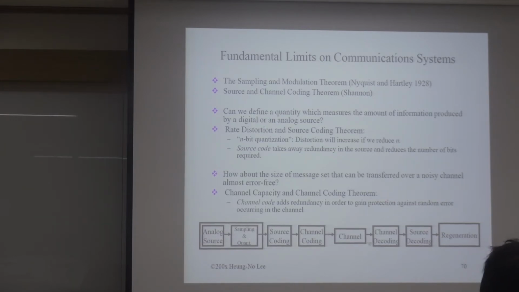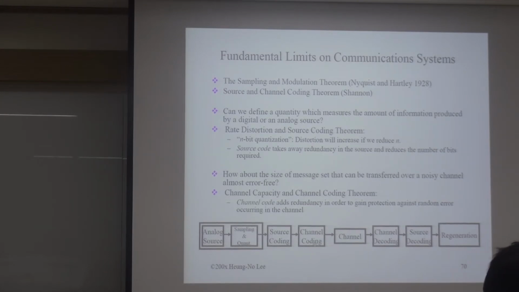And then you send it over the channel, you receive the erroneous word, you do the decoding, then the uncompression, and then you regenerate the signal. So that's the general process of a communication system. Here we will focus heavily on the channel coding part in this course.